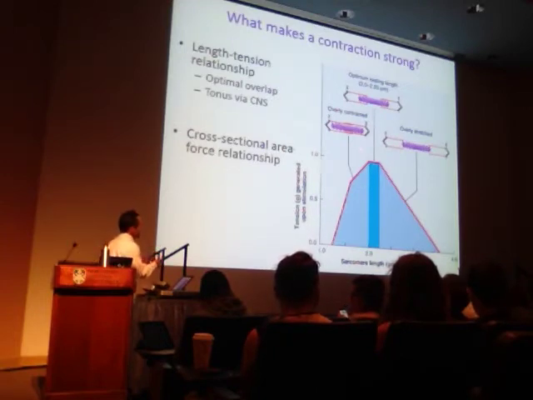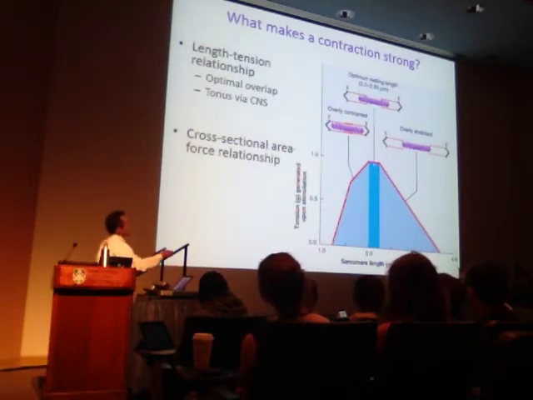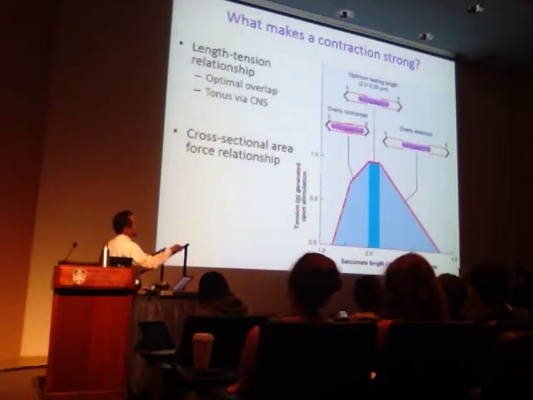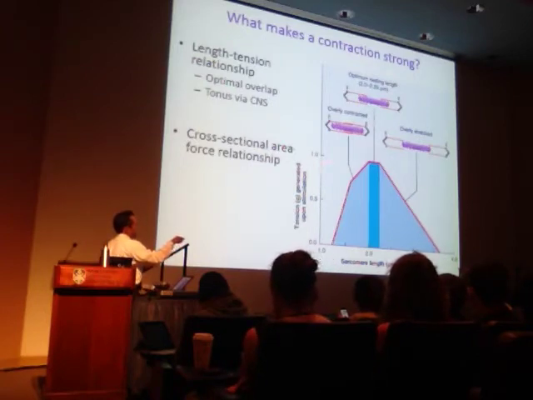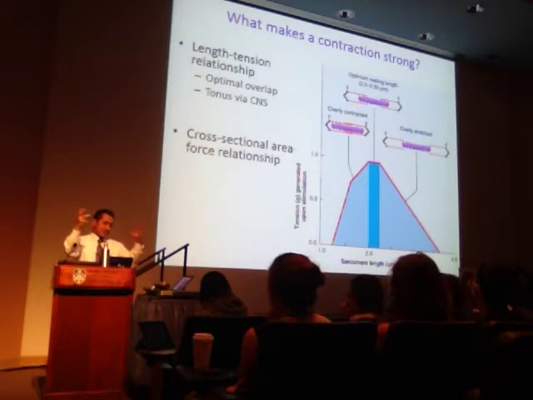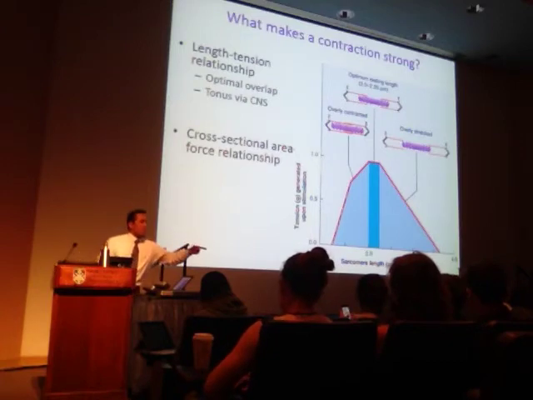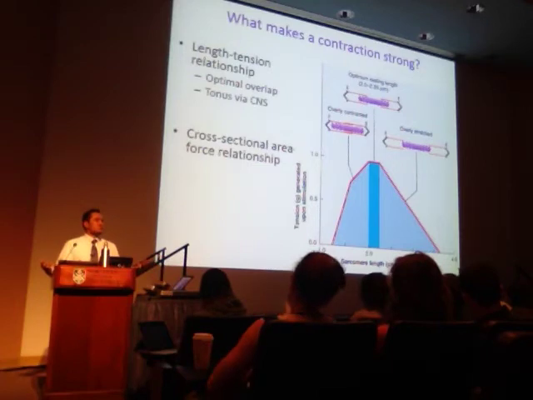This is a graph here of tension or force in comparison to length. So the idea is you get the most amount of force. You see how there's the highest amount of force here? When you optimize the overlap of the number of cross bridges that form. That should make sense. If you increase the number of attachments, the number of oars in the water, or rowers, you're going to generate more force.